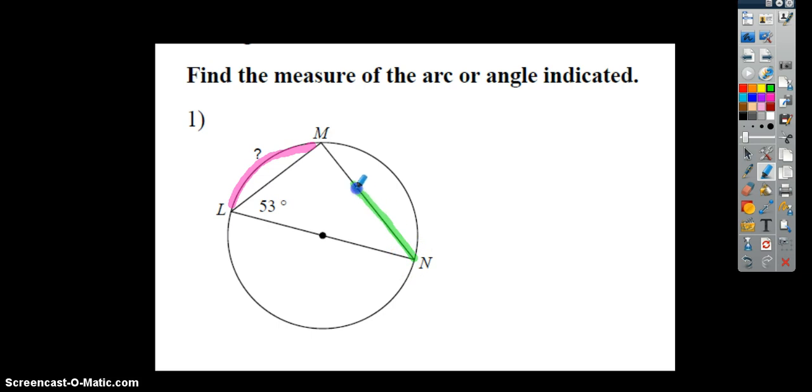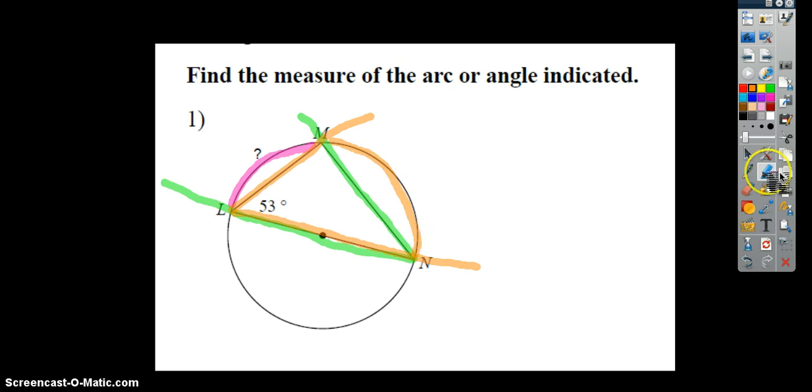In this case, it's angle N. Okay, so these two are related. So basically, I'm going to have to figure out what angle N is if I want to figure out this. Or I could figure out maybe, let's see, this angle here, angle L, goes with this arc here. So what if I could find that arc?